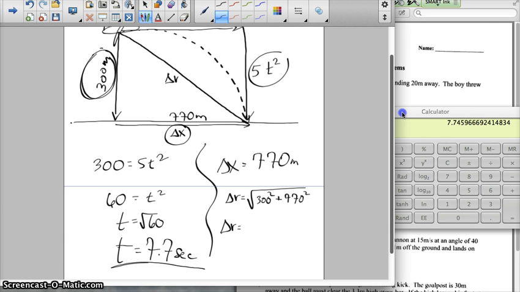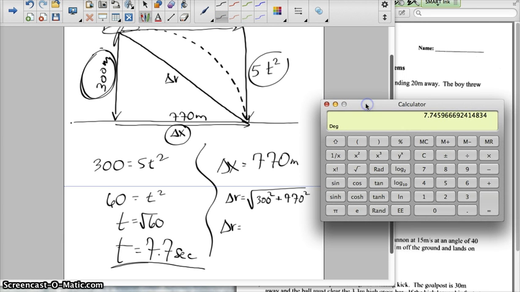So I solve that for delta r. And let's see here. I'm going to use the memory plus button. So 300 squared, add that to memory. Okay, now let's see if that worked. Memory recall, yeah, okay, I'm good there. I forgot what I did, so I'm going to clear memory again. So 300 squared, add that to memory.